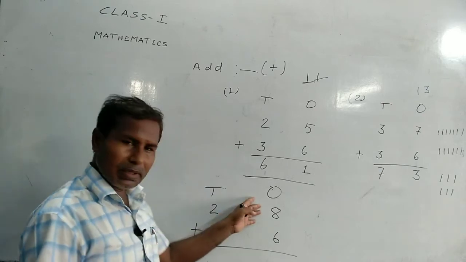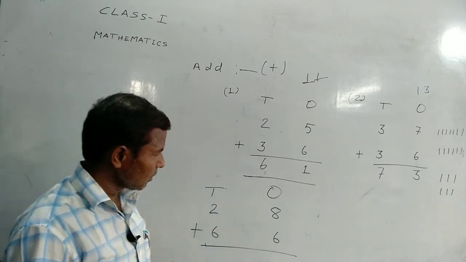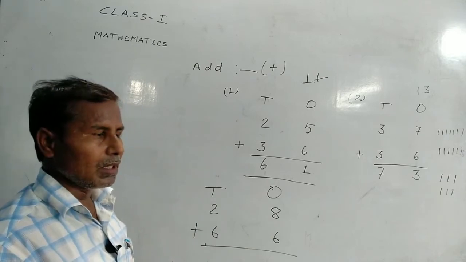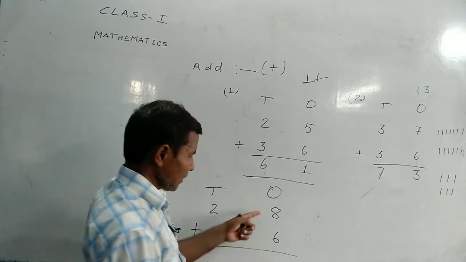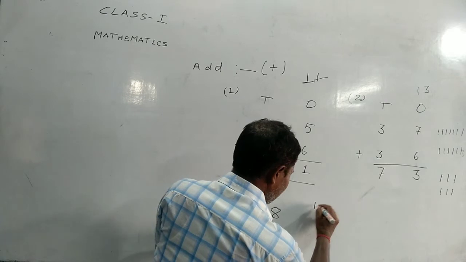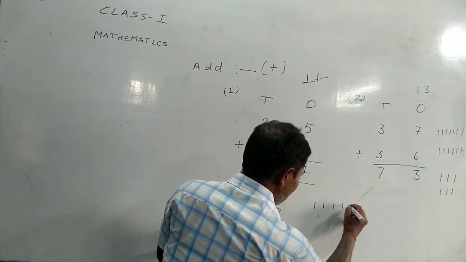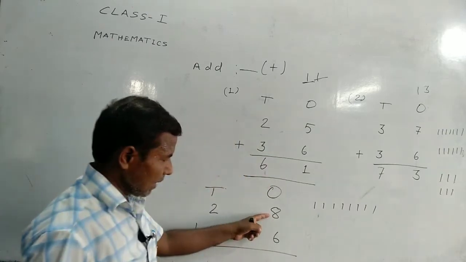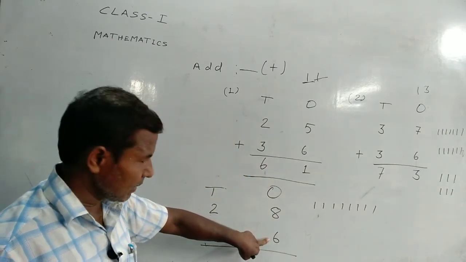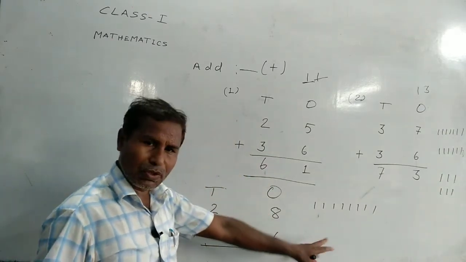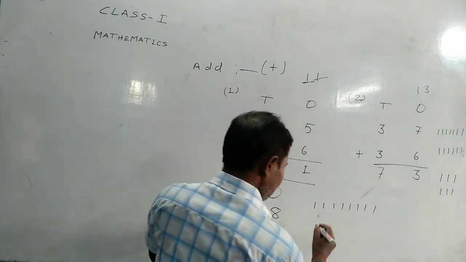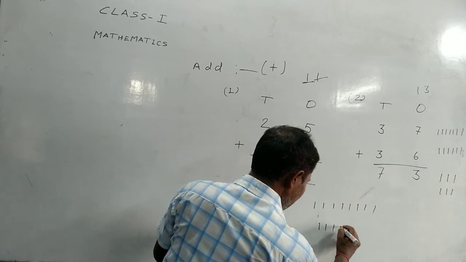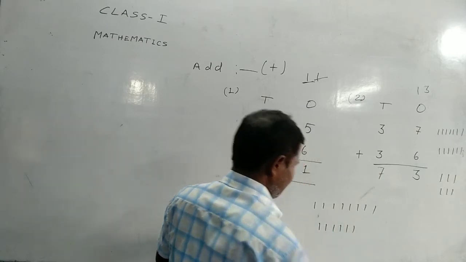You also find out the sum of 8 and 6. Now draw the lines. 8. 1, 2, 3, 4, 5, 6, 7, 8. And here is written 6. And also draw 6 lines more. 1, 2, 3, 4, 5, 6.